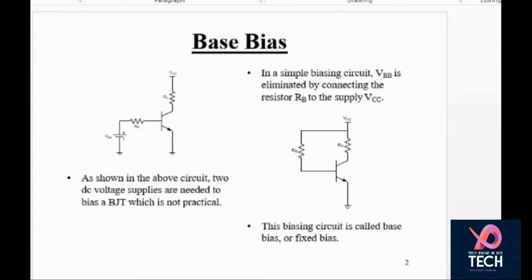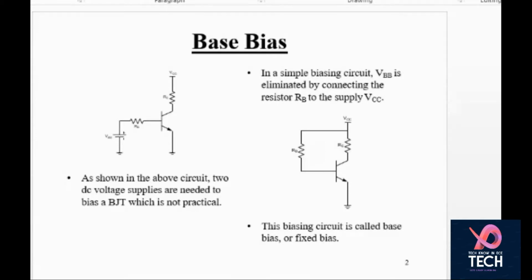So if this is VCC, this is a voltage source, and it is equal to the voltage drop across this and the voltage drop across this. So here you can see your VCC is equal to IB RB plus VBE. And from here you can find the value of base current, IB equals VCC minus VBE over RB.